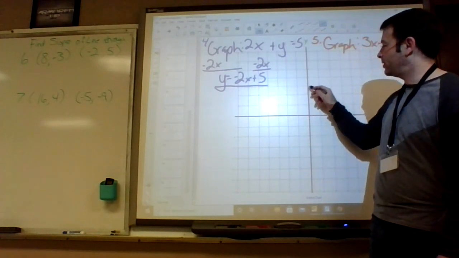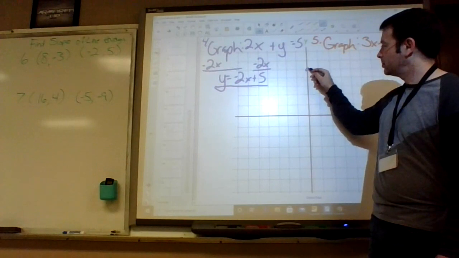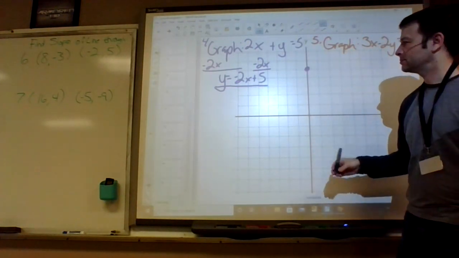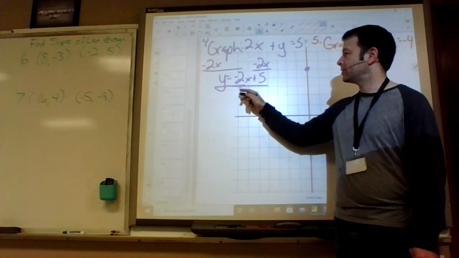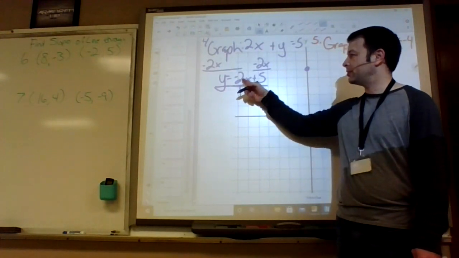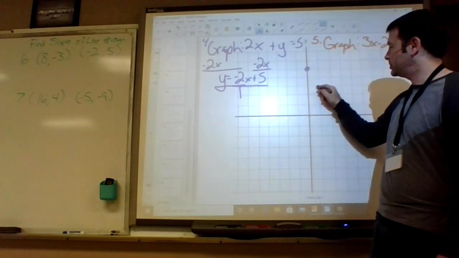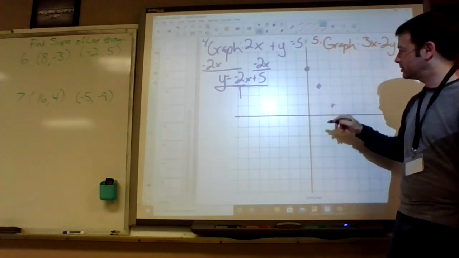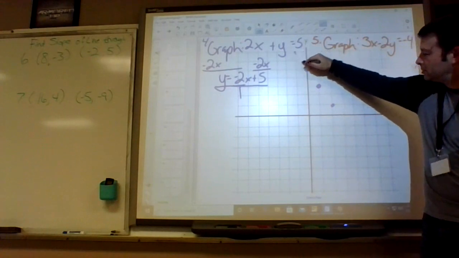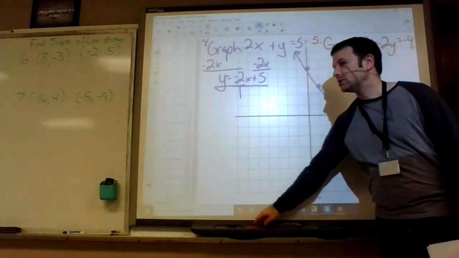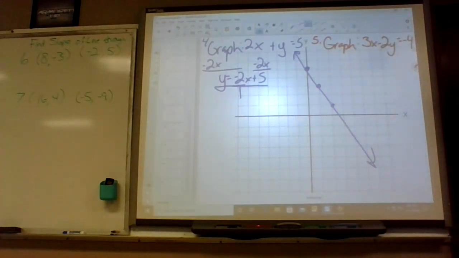So you go up 5, put a dot, then where do we go from there? The slope is -2 over 1, so you go down 2, right 1. Down 2, right 1, do it again, down 2, right 1. Ooh, good line.